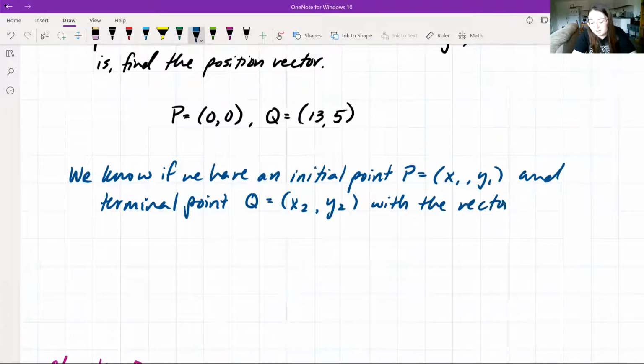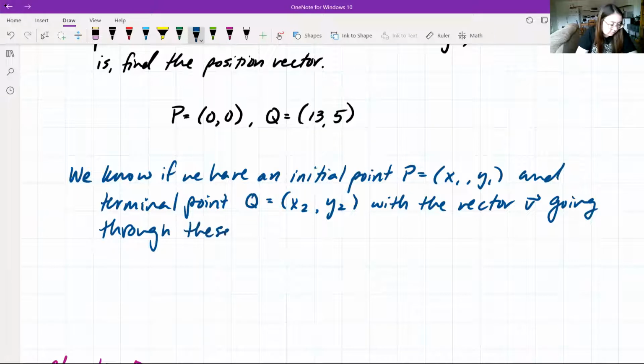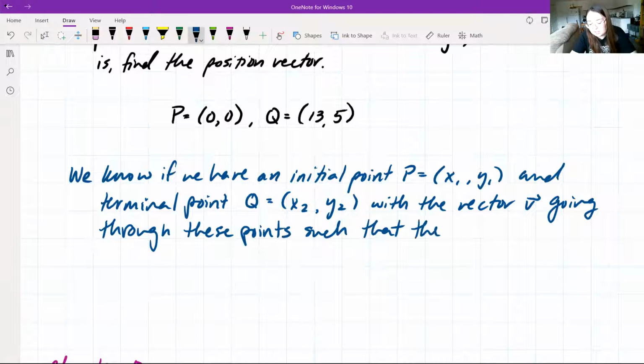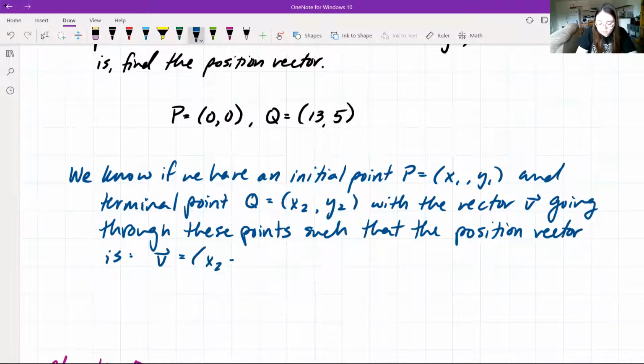And it has the vector v going through these points such that the position vector v is equal to x2 minus x1 times i plus y2 minus y1 times j.